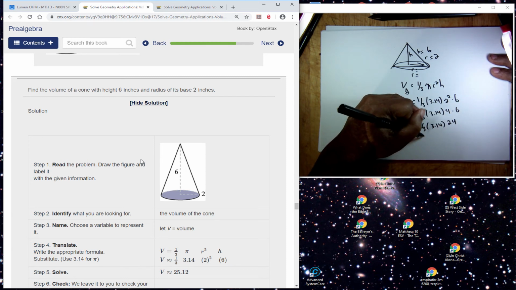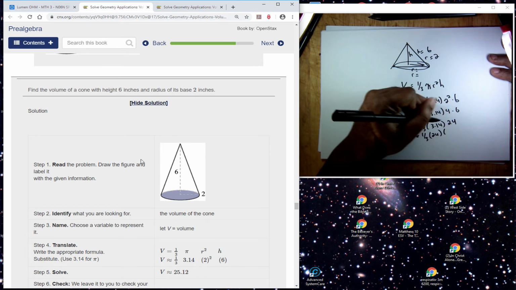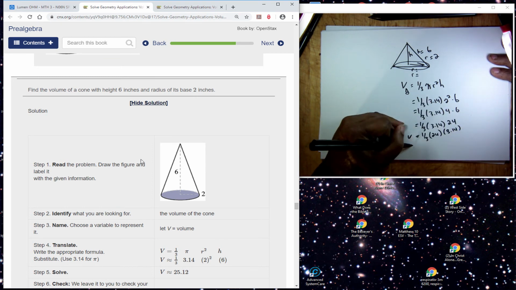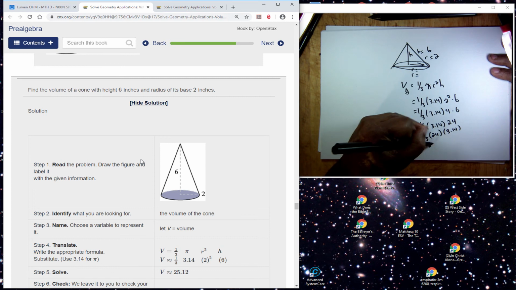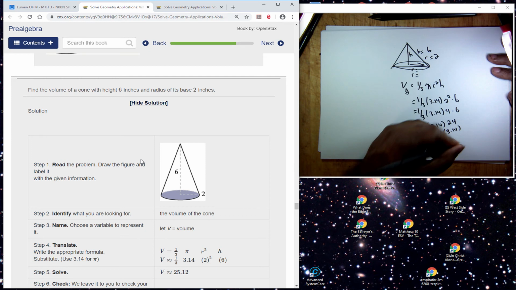So 1/3 of 24 is 8, times 3.14 is 25.12, which in this case is inches cubed.